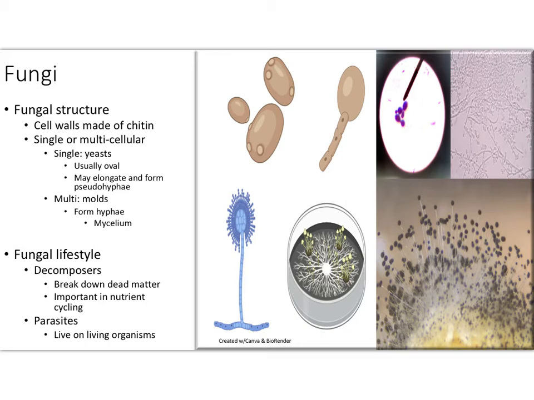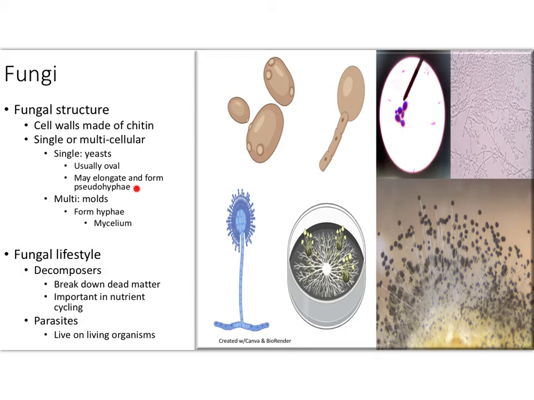And when you get enough of those hyphae together, they form what's called a mycelium. So this is an example of a mold, and that mold, when it grows enough and we can see these spindly things sticking out, those individual long projections are called hyphae. And when we get enough of those hyphae together, that's called a mycelium.